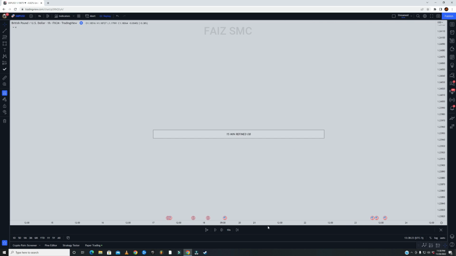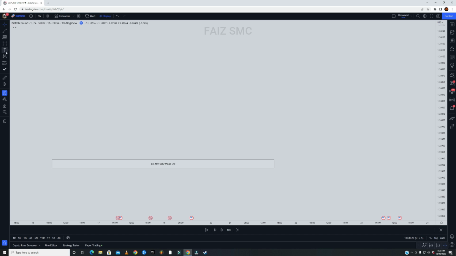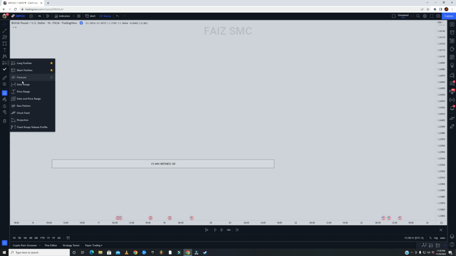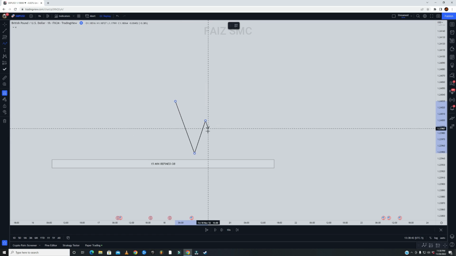All right, so now that we have a refined POI, which is an order block here, what we wanna do is we wanna go to the 5-minute time frame, right? And when price is coming back into our POI on a 5-minute time frame, we want to see an ABC pattern, or a turtle soup pattern, whatever you want to call it.